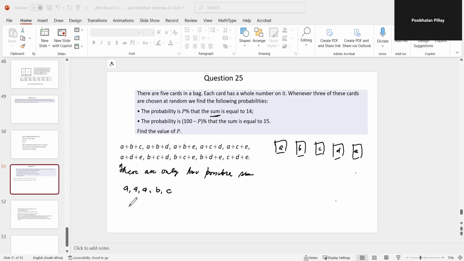You're going to have A plus A is one sum, and you'll have A plus B plus C, or if you like, let's make it A plus B plus C, and you got A plus B, and you will have A plus C.